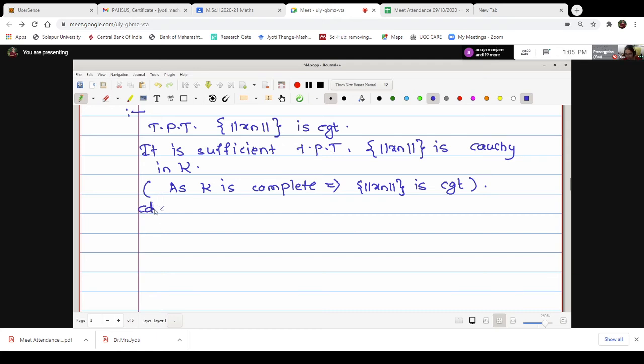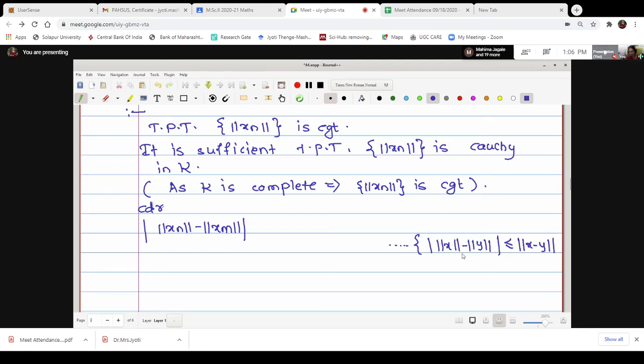Considering the modulus of norm of xn minus norm of xm, what is our aim? Either to prove that this is less than epsilon, or tends to 0 as m, n tend to infinity. But we have proved one important result in the first chapter: modulus of norm x minus norm y is less than or equal to norm of x minus y.